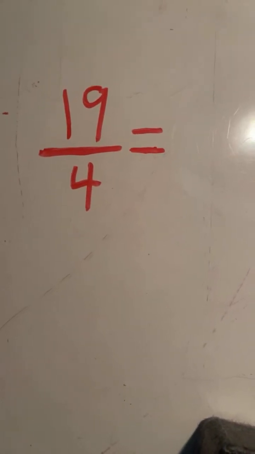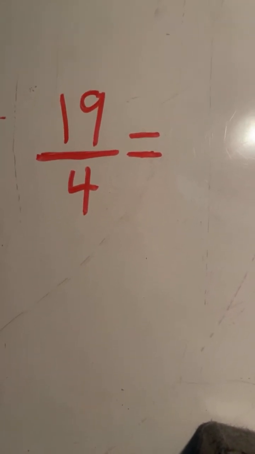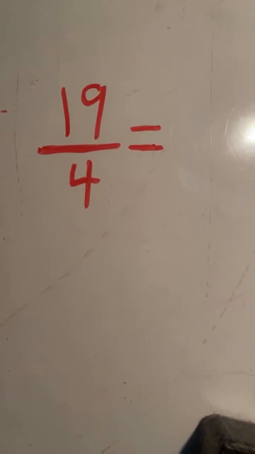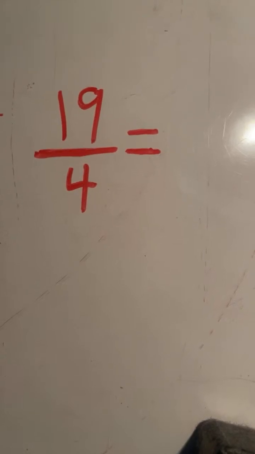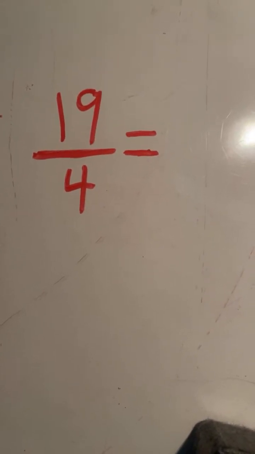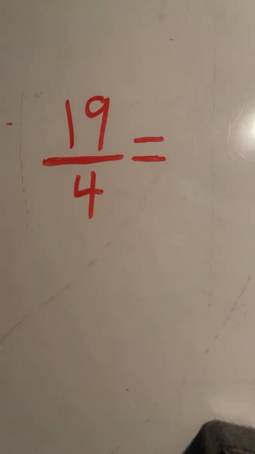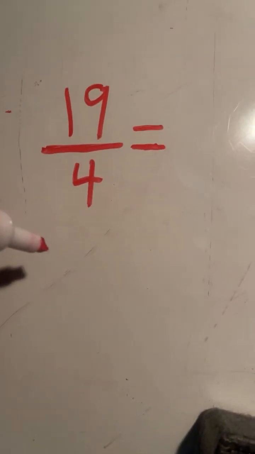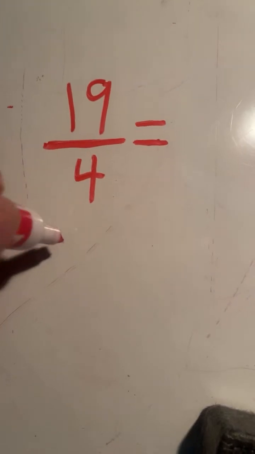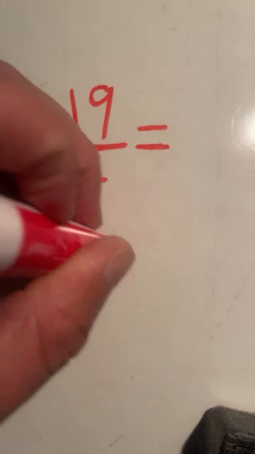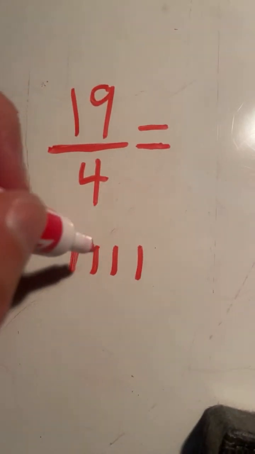All right. So 19/4. To convert 19/4 into a mixed number, we have to figure out how many full groups of 4 we can get within 19 and what our remainder is. So I am going to draw 19 tallies, and I'm going to put them in rows of 4. 1, 2, 3, 4.